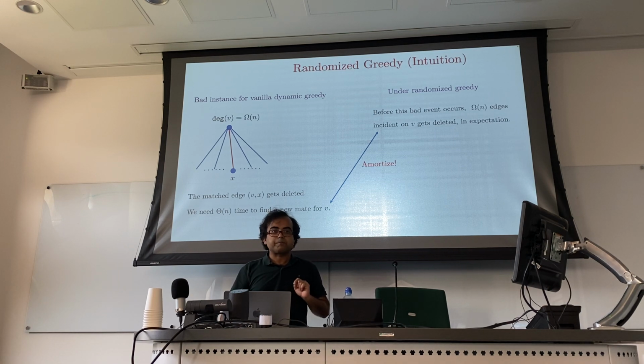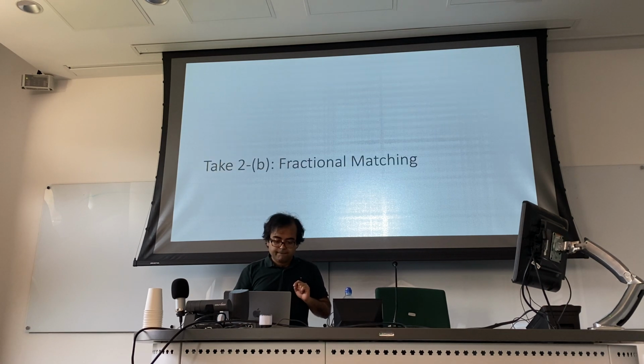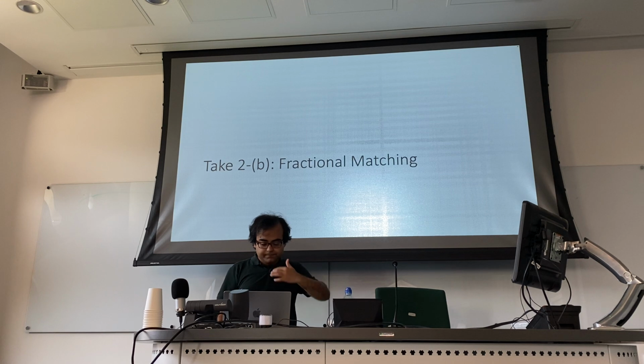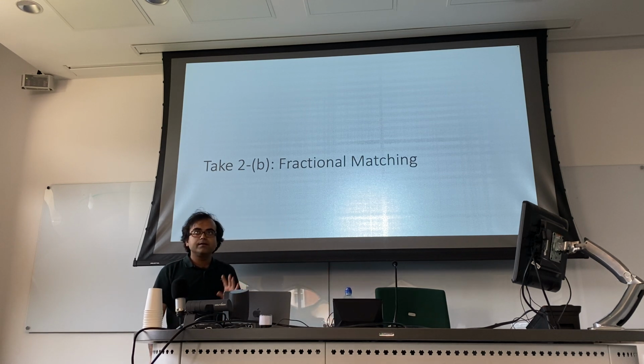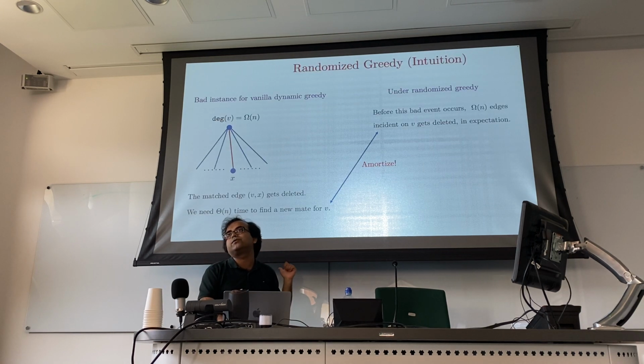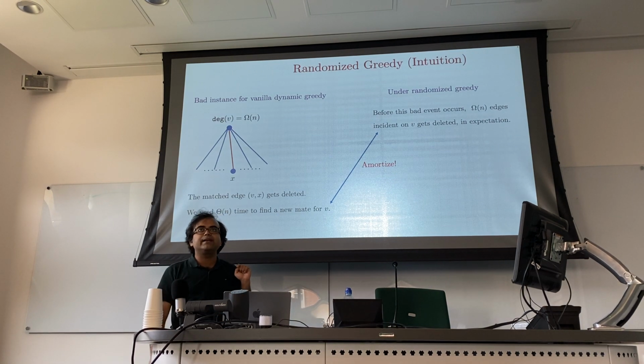Now, the other approach is fractional matching. Due to time constraint, I will skip this part. I will just give a one line summary. This approach, you can think of it in two different ways. One as a de-randomization of the randomized greedy approach at the cost of slightly increasing the approximation guarantee from 2 to 2 plus epsilon.